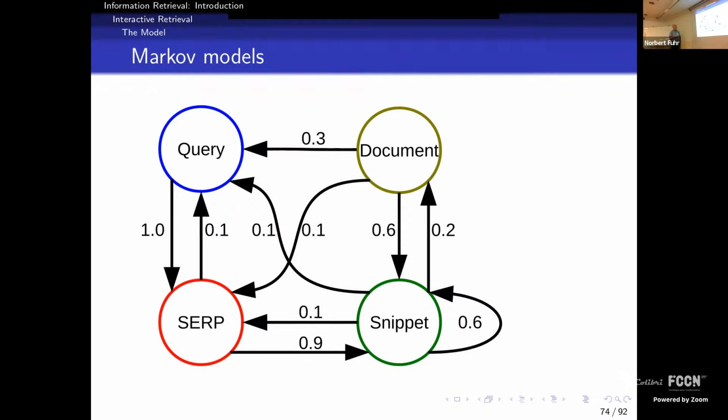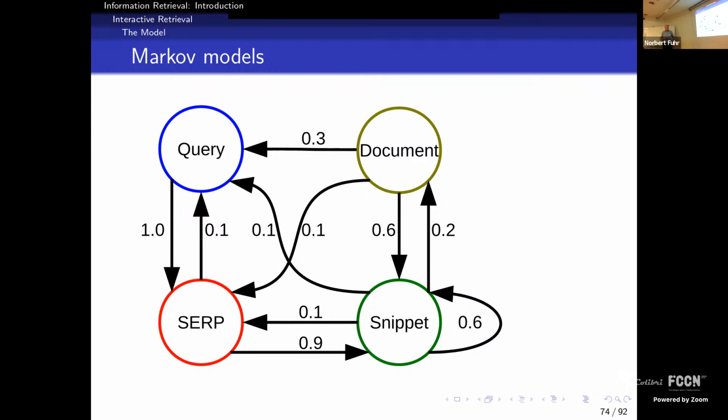And from the document also the user might go on to the next snippet, back to the result page, or formulate a new query. So we have different states with transition probabilities. That can be described nicely by Markov models.